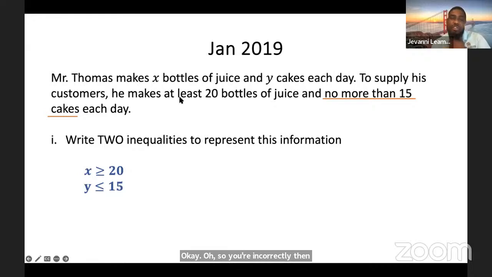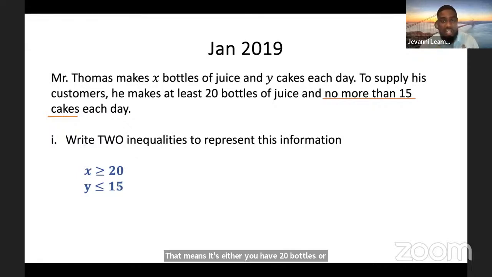All right. For an inequality, we generally have terms that we use to represent greater than or equal to or less than or equal to. When a statement says at least 20 bottles, that means you have 20 bottles or more.